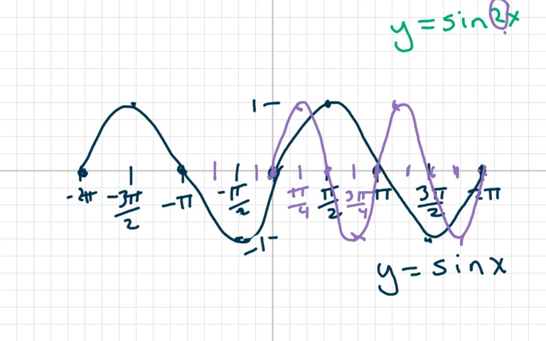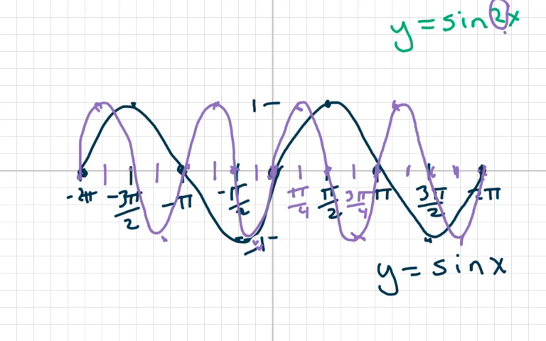I'm just going to divide all of these in half, and then do my little dots, dot, dot, dot, dot, dot, dot, dot, and just connect the dots. And I have 2 waves on the negative side. So that is y equals sine of 2x compared to the parent function y equals sine of x.